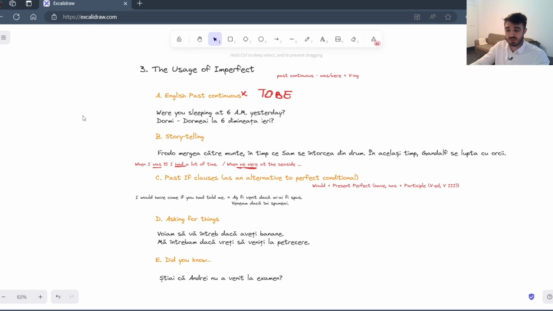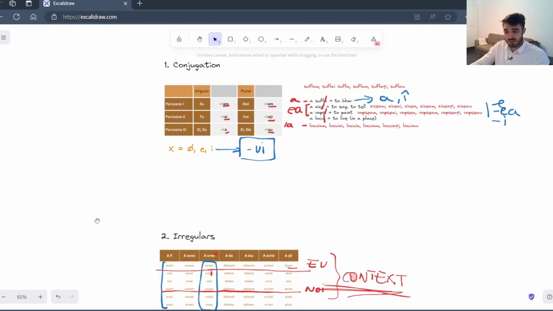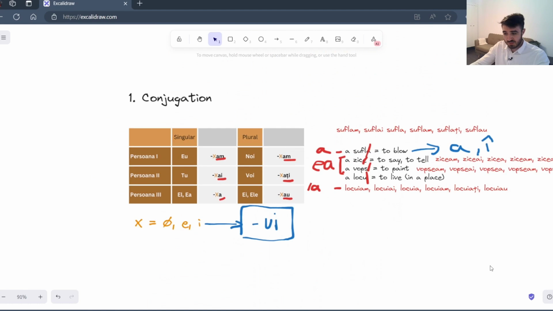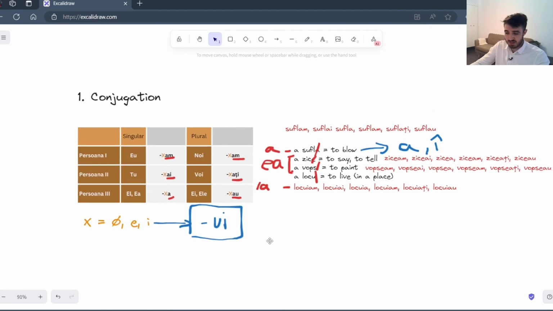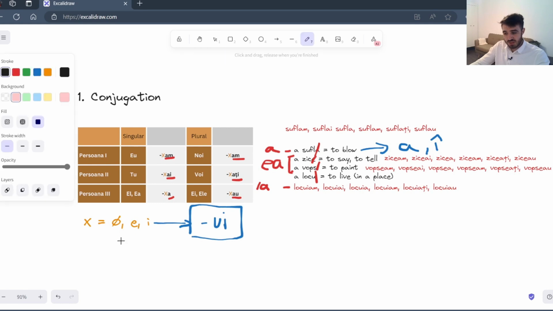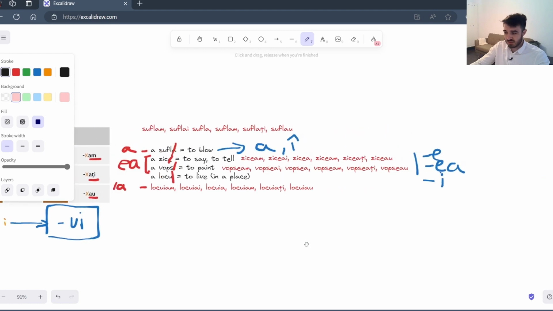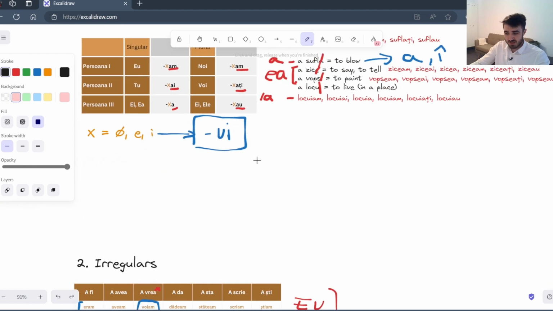You have this all now as a little recap. I want to go through it. So the conjugation, adding the ending, depends on the verb, which ending it takes. So if it's a, ea, or ia, it depends on the infinitive. Those are the possibilities.